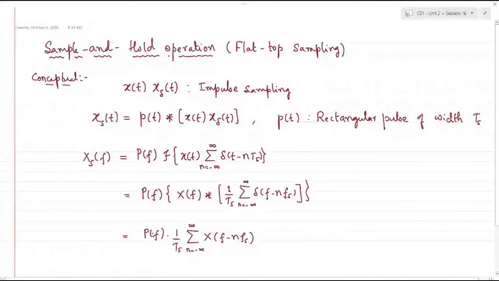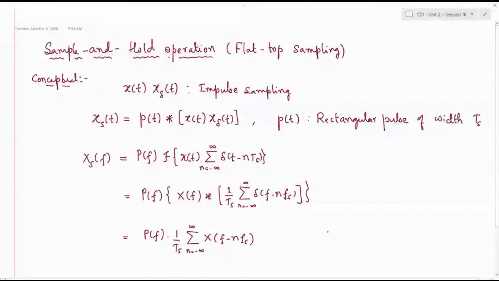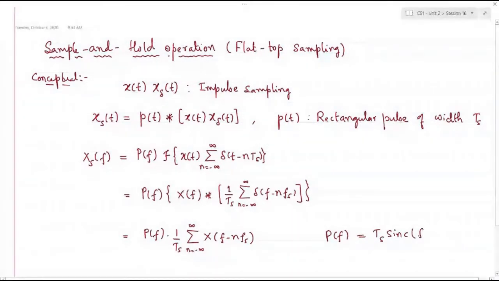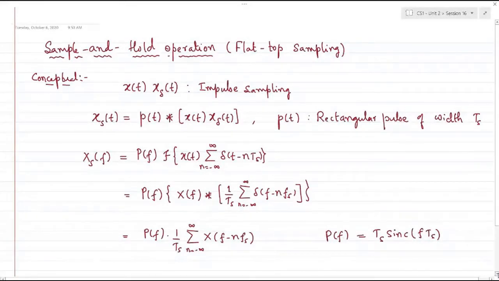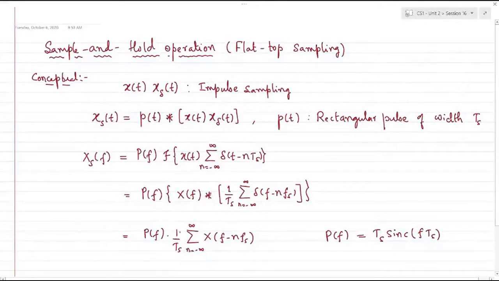This P of f will be of the form Ts sinc of f Ts. As you know, the Fourier transform of a rectangular pulse is a sinc function, whose amplitude over the sampled version will mimic natural sampling. But unlike natural sampling, the amplitudes of those samples will not be in accordance with the message signal; all of them will be flat tops.